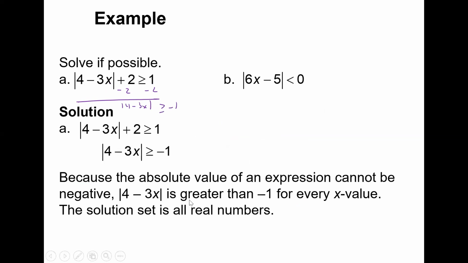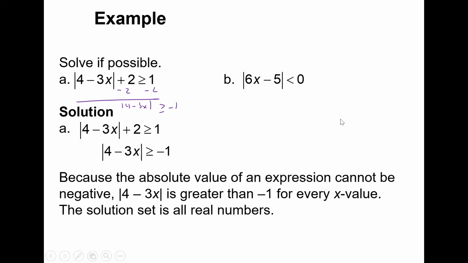Since it can't be negative, that's greater than negative 1 for every value of x. So no matter what we do, it's going to work. And so that's kind of one of those key things. Anything we plug in here is going to be greater than negative 1. So that's kind of a cool application of this with absolute values, you're going to get a positive. So this is saying it's going to be greater than a negative 1, and that's going to happen at every value of x.